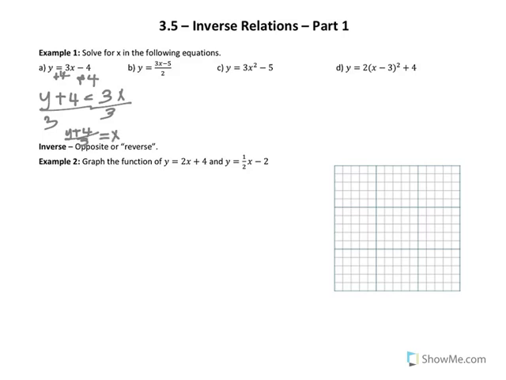The next one, I would multiply both sides by 2, so I'd have 2y equals 3x minus 5, plus 5. So I have 2y plus 5 equals 3x, and then we would divide by 3.